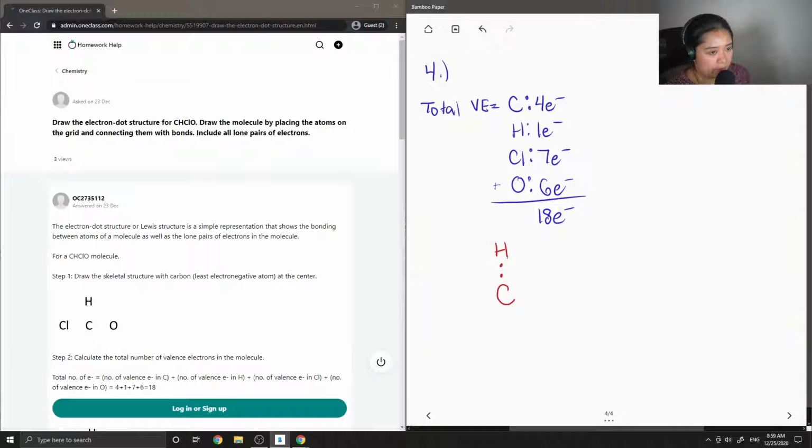So we have hydrogen, we have chlorine, and we have oxygen. I'll first draw a single bond in between all of them. Chlorine has 6 valence electrons.